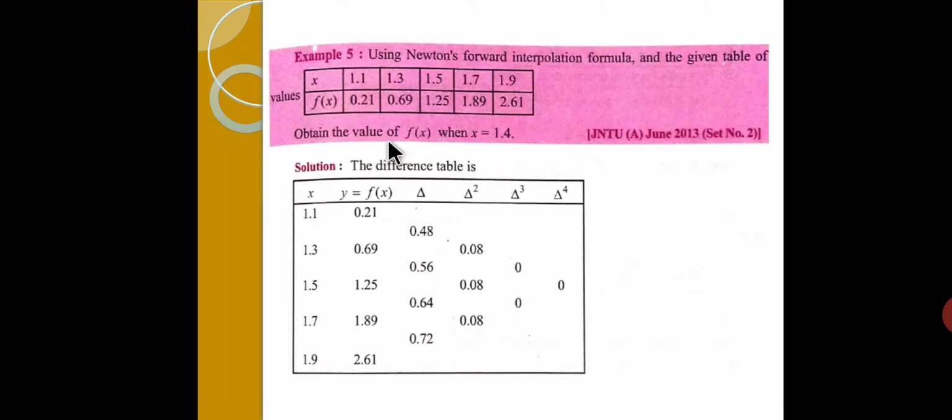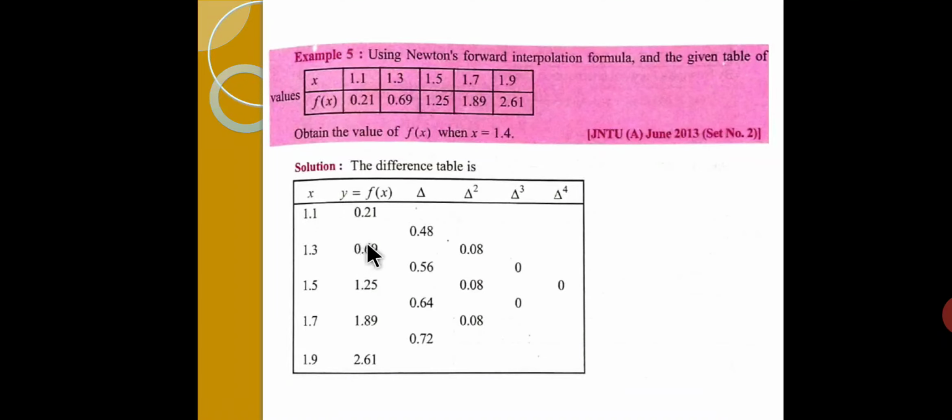First we consider the difference table for the given data. The x values are x naught is equal to 1.1, x1 is 1.3, x2 is 1.5, x3 is 1.7 and x4 is 1.9.